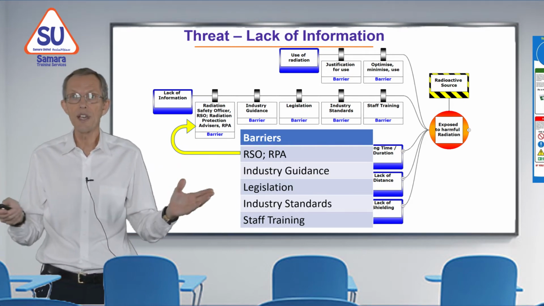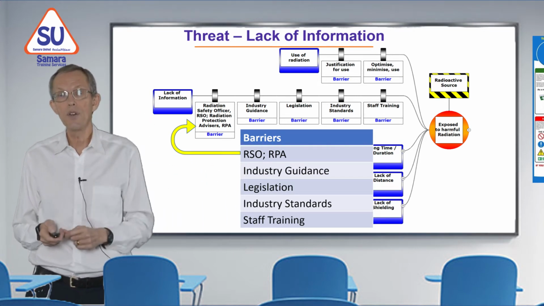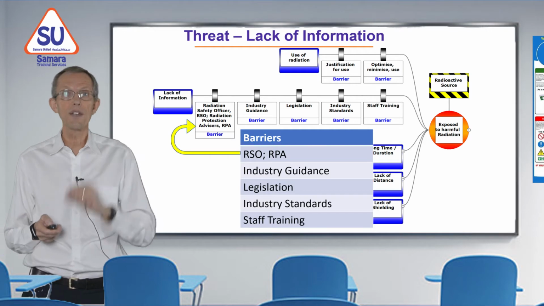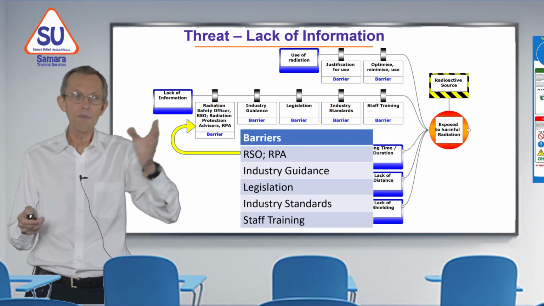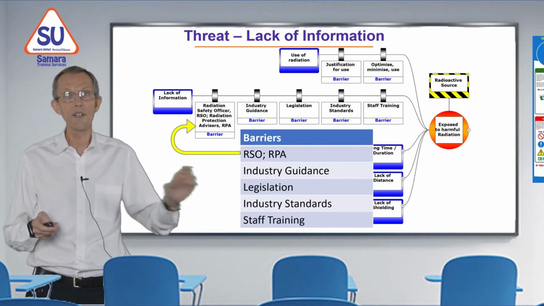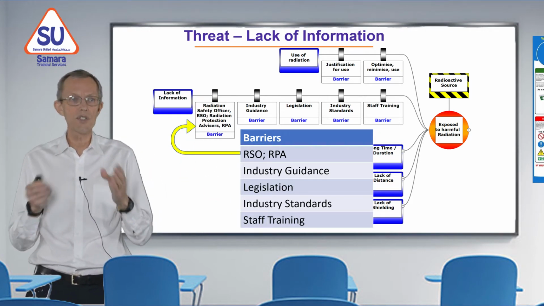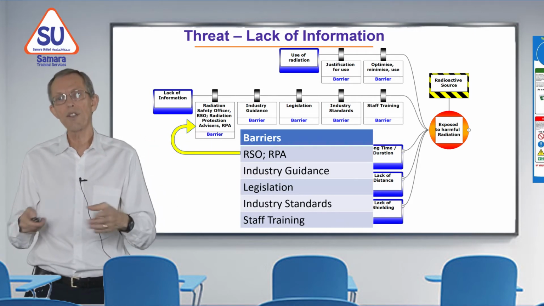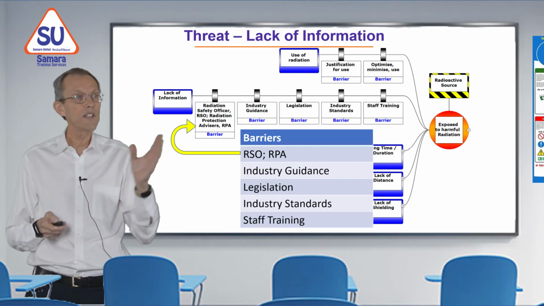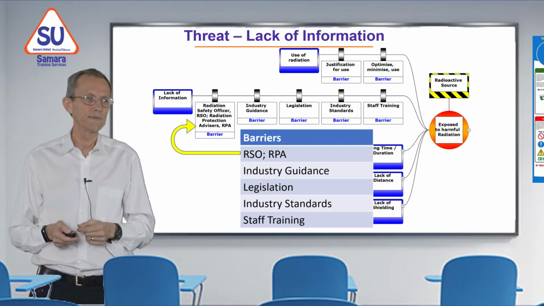There may be industry guidance to help us how to manage radiation. There may be laws about how to manage radiation. Industry standards are available, how to manage radiation in practice. And then you can train your people. You can train your staff in how to manage radioactive materials, how to handle them, and so on. So these are barriers to overcome the lack of information.